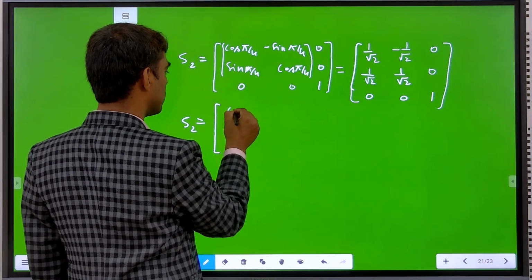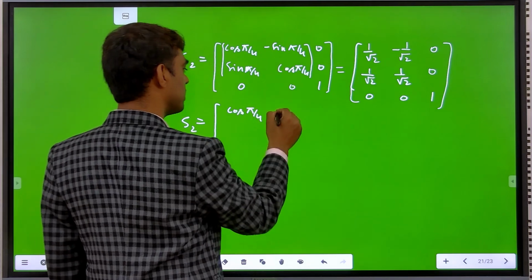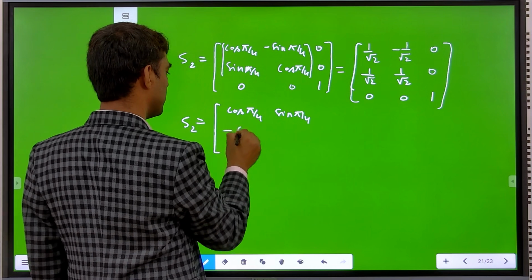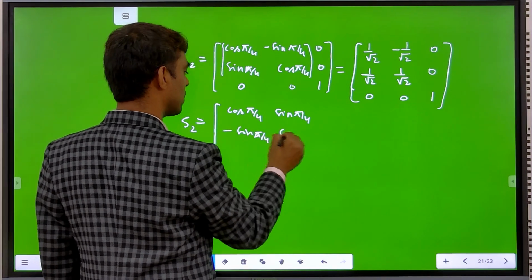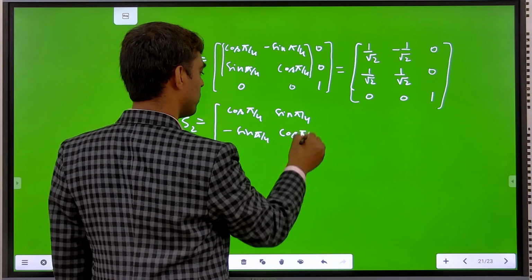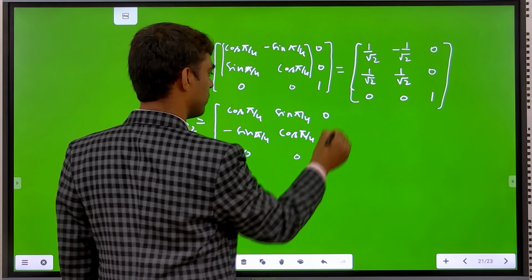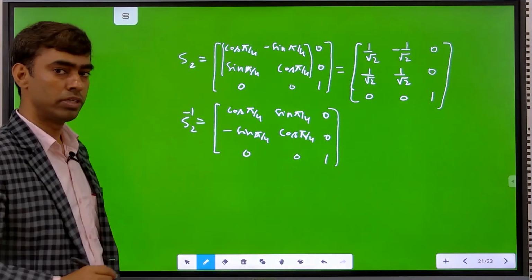This becomes cos theta, meaning cos pi by 4, and this becomes sin pi by 4. Here it becomes minus sin pi by 4, sin pi by 4, cos pi by 4, and 0 0 0 0 1. This one is S2 inverse.